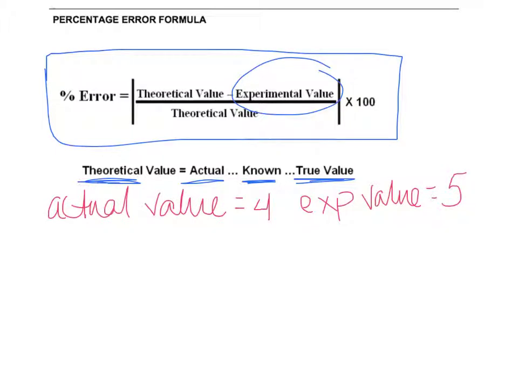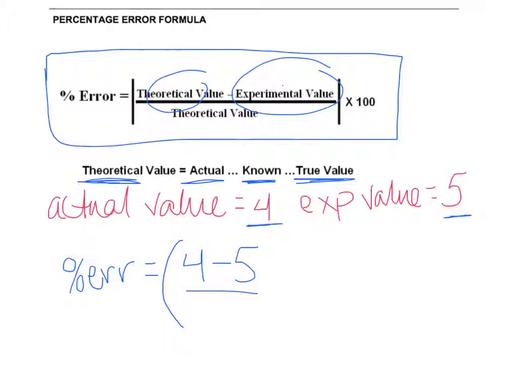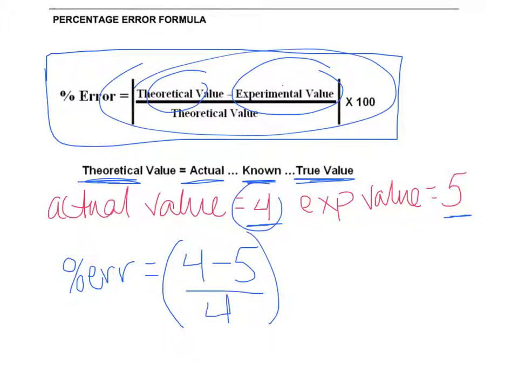So just as an example of how you would set this up, if you were trying to find the percent error in a situation where the actual value was 4 and the experimental value was 5, you would plug it in like this. So your actual value, remember, is your theoretical, so that's 4. Minus, and then I put in my experimental, which was 5, divided by, I'm just following this equation, the theoretical value, which is still 4, and then I need to times that all by 100.